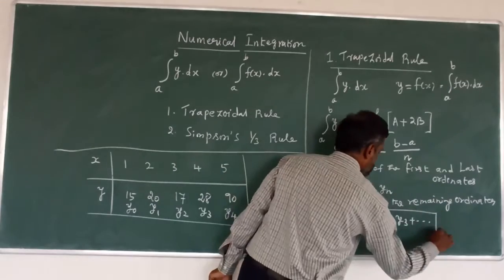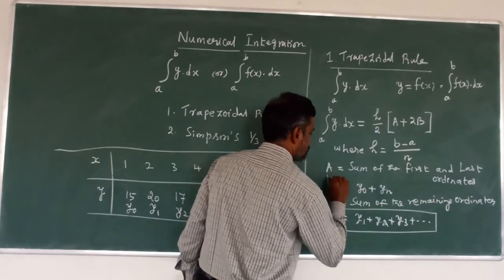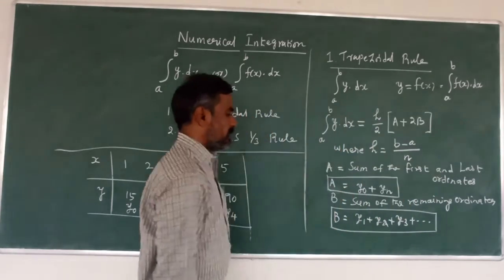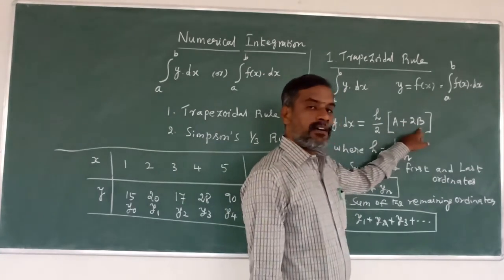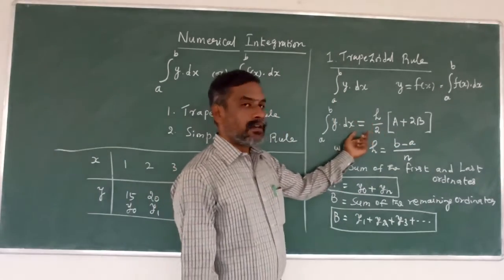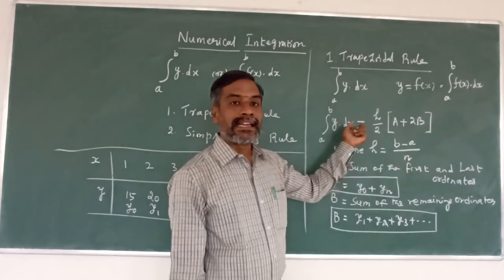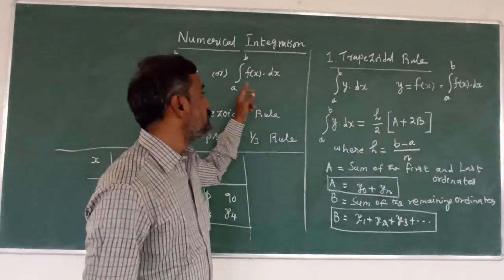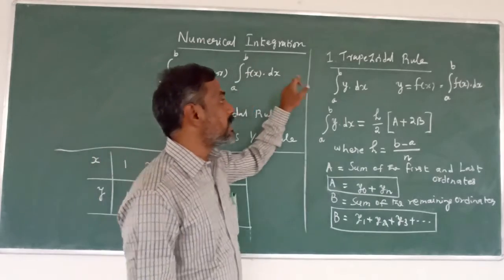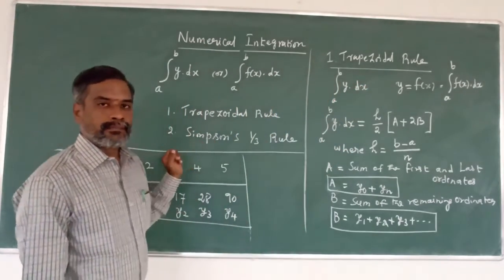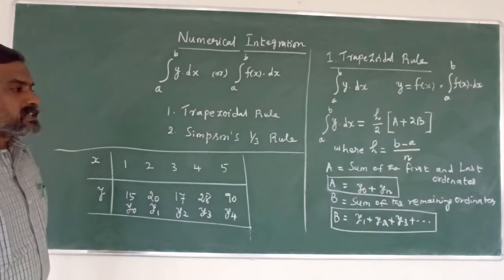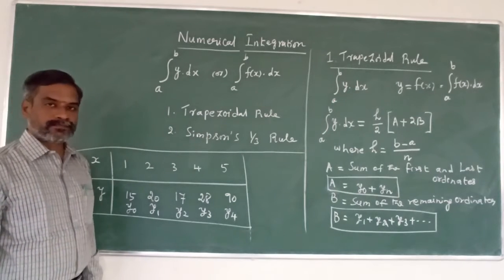This is the formula for B and this is the formula for A. Substitute these two values here to find the result of the given numerical integration by using the trapezoidal rule.